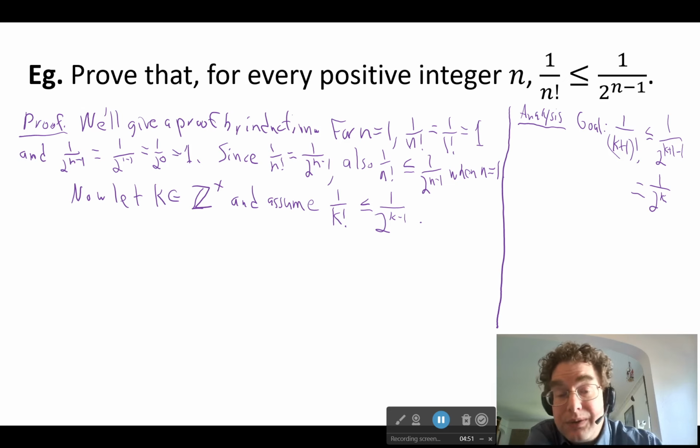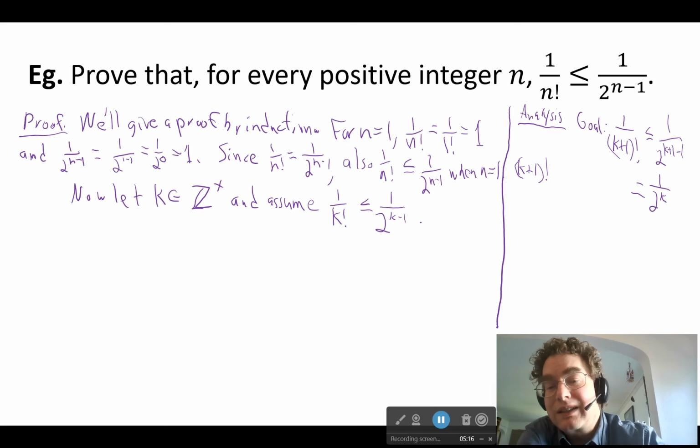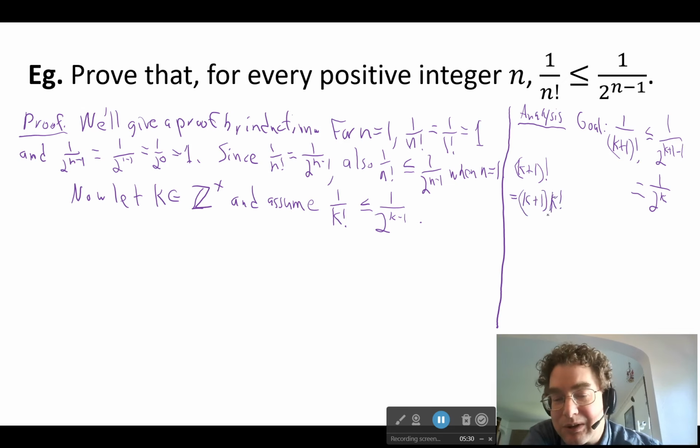One way to get that involved is we could take a look at k plus 1 factorial. This is the product of all positive integers up to and including k plus 1. Another way we could write that is k plus 1 times k factorial, because k factorial is the product of all the positive integers up to and including k.